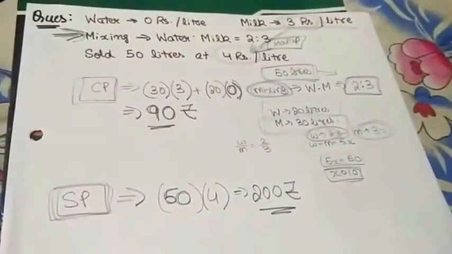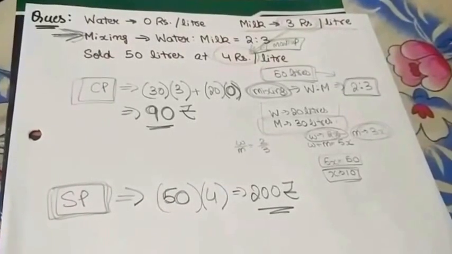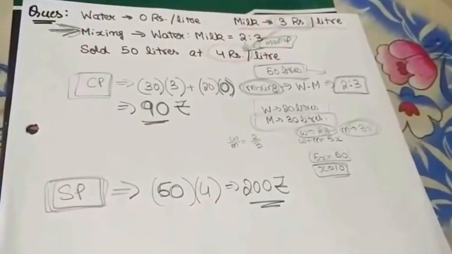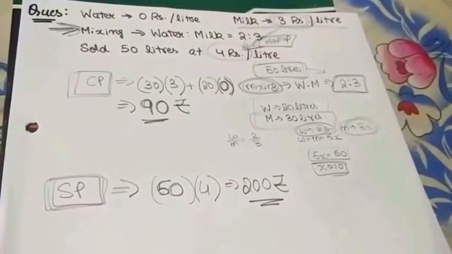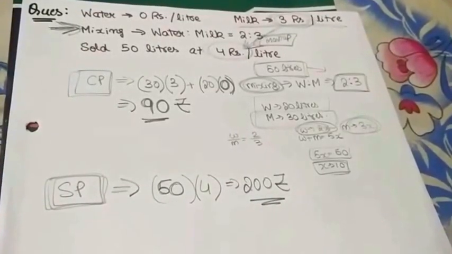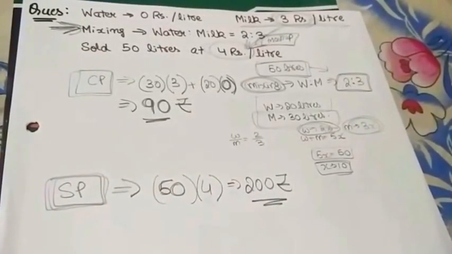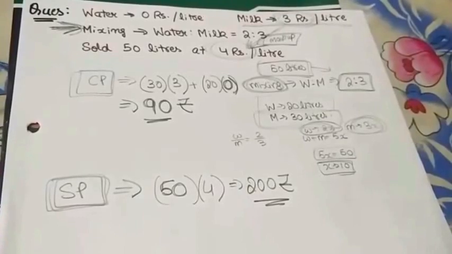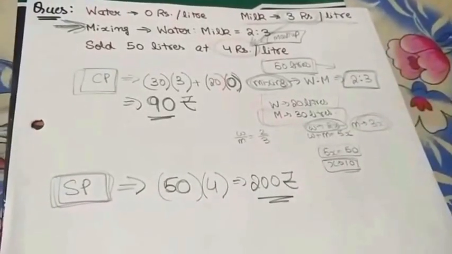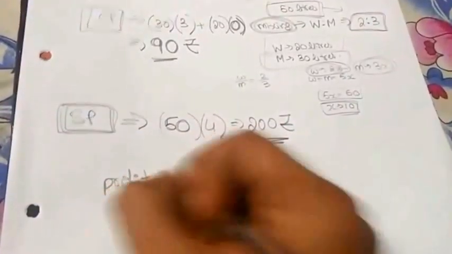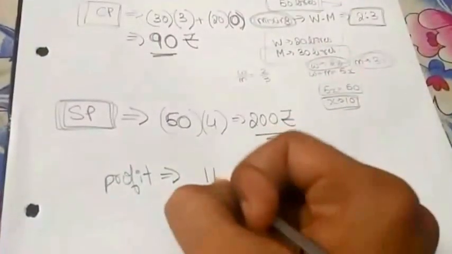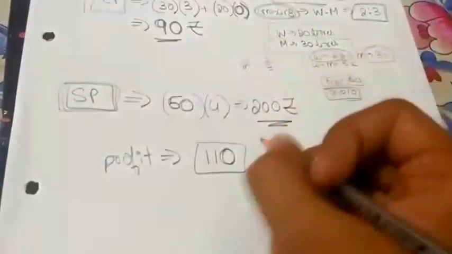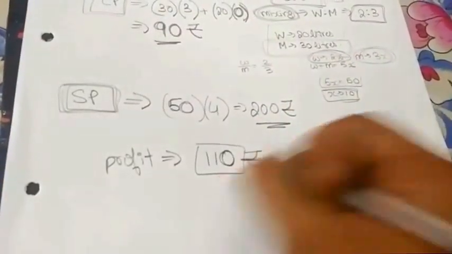So if you see from the milkman's angle, I only had to invest 90 rupees for this whole transaction, and I got 200 rupees. So this is the scenario right here. And from there, let's find the profit. The profit here is 110 rupees.